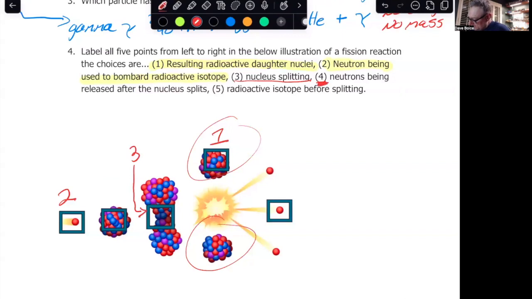Number 4, neutrons being released after the nucleus splits. There we go, right here, all of these. That box could have been on any one of the 3. And then finally, number 5, radioactive isotope before splitting. And that's right there.